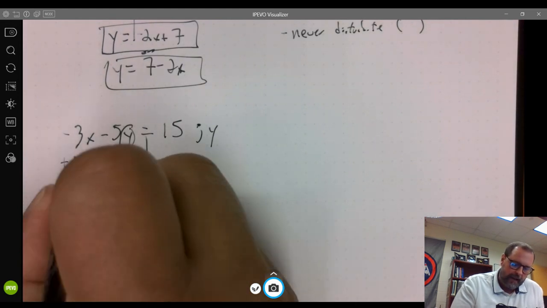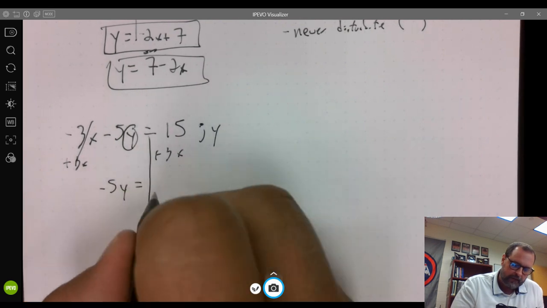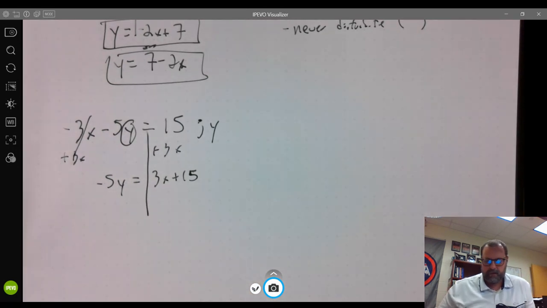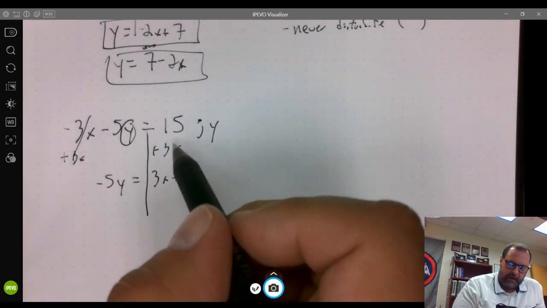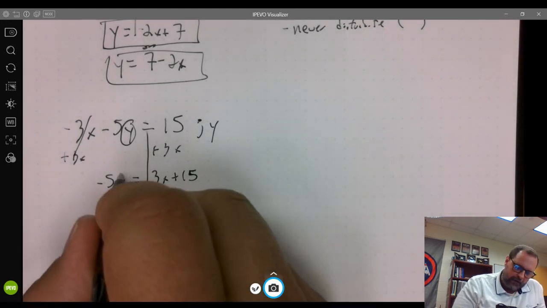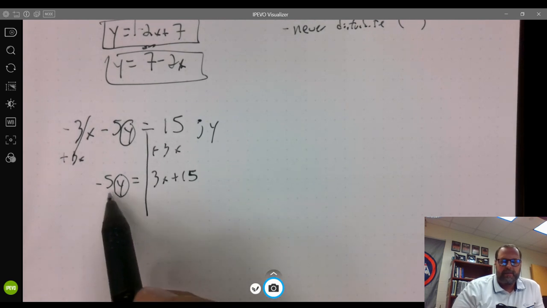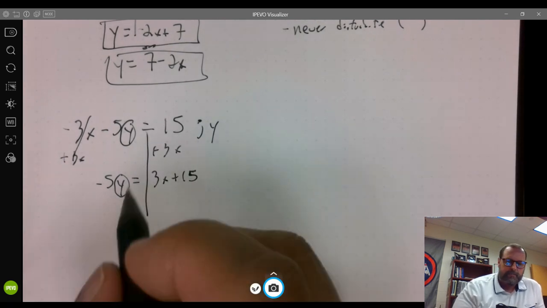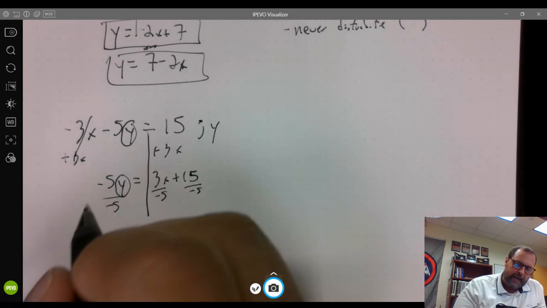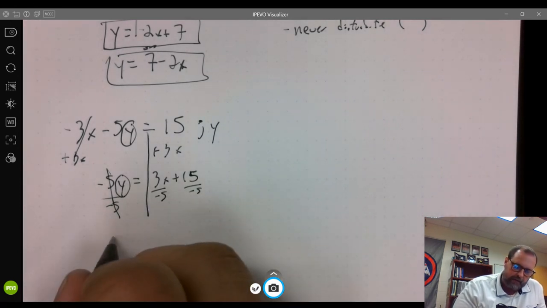So to get rid of a negative 3x, I do the opposite function, which is positive 3x. So I'm going to write it here again with the x first. So I have 3x. 15 is positive, so I put plus 15. I don't have y all by itself yet, so I'm looking and saying, all right, how are negative 5 and y attached? Well, it's attached by multiplication, so I need to divide by negative 5. Now, I just need to divide everything by negative 5.